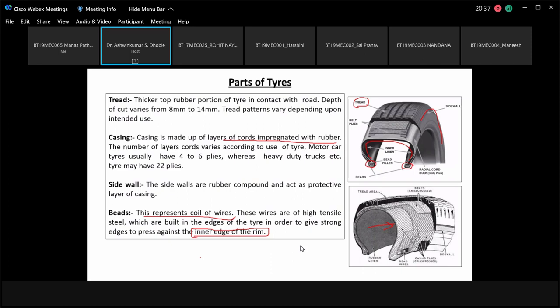That is not the correct procedure for removal of the tire from the wheel rim, because it will damage the bead, and once the bead portion is exposed, the rusting of that wire will start. It will be in contact with the wheel rim which is made of metal, so that wheel rim will also start rusting.